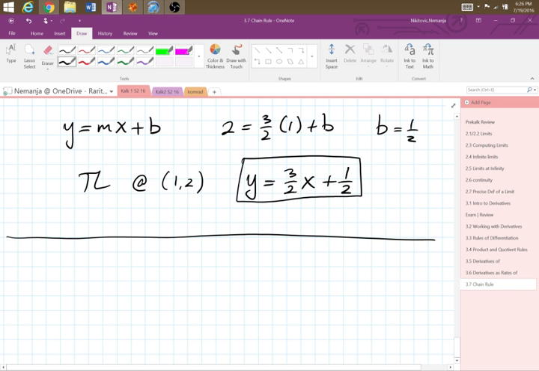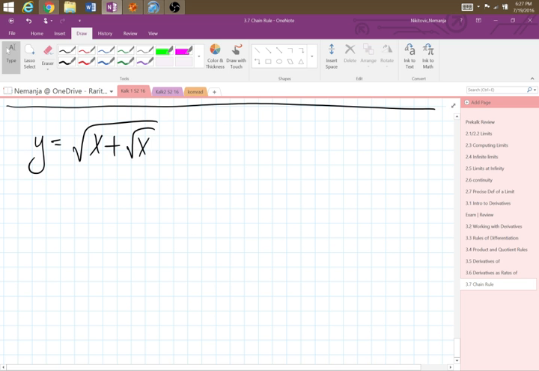It's right there. So just find the derivative of square root of x plus square root of x, like this. Oh, man. It's the opportunity of a lifetime to show off your math skills, since you said you're good.